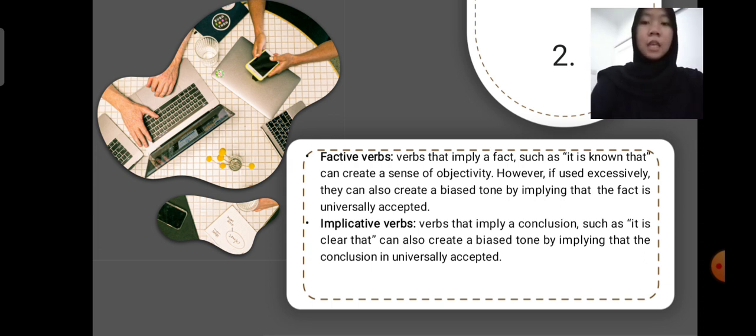However, if used excessively, they can also create a biased tone by implying that the fact is universally accepted. And implicative verbs that imply a conclusion, such as "it is clear that," can also create a biased tone by implying that the conclusion is universally accepted.